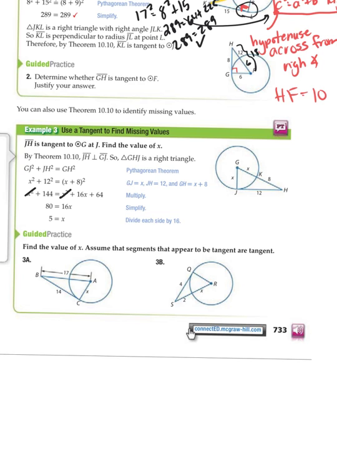But if the x squares do not cancel out, we need to get a 0 on one side of the equal.